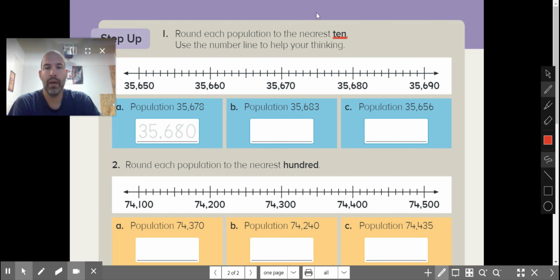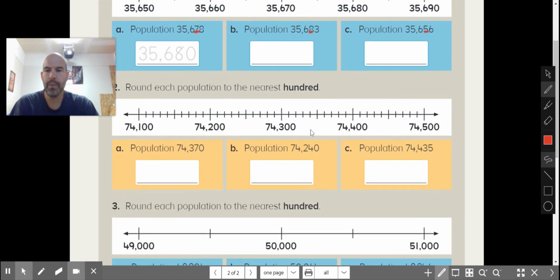So it says round to the nearest 10. So we're going to look here at the tens place value, and we're going to look to see what is in the ones place value, all right? If it is 5 or greater, we're going to round up to the next 10. If it's 4 or less, round down to the 10. Okay, so this happens to be 8 in the ones place. We're going to round it up. You can see here's an example. You're going to do the same thing again, looking at your tens place value for these two numbers.